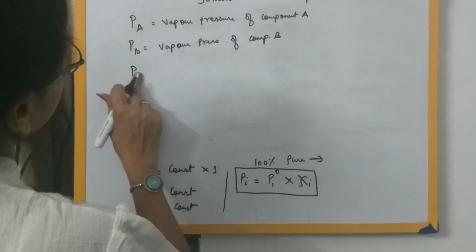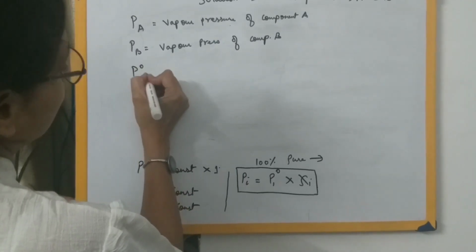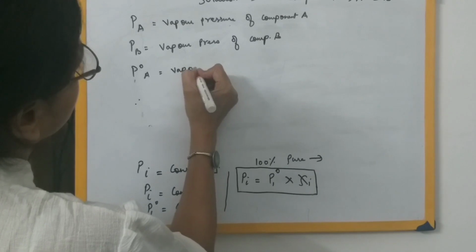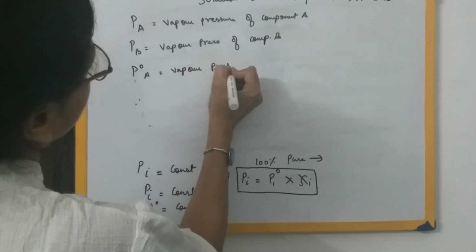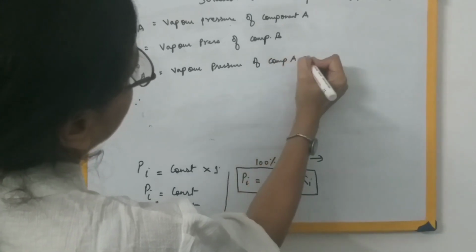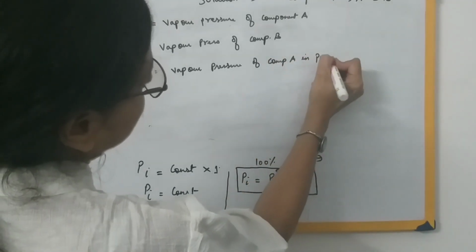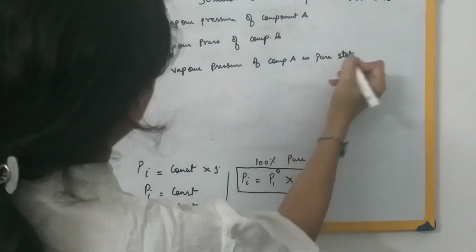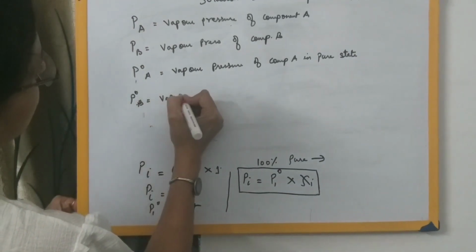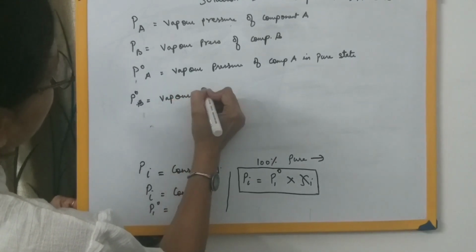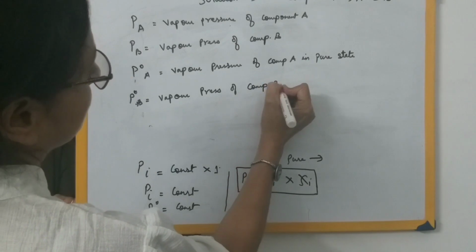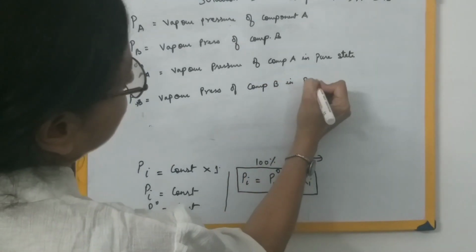Then P0A is the vapor pressure of component A in pure state, and P0B is the vapor pressure of component B in pure state.